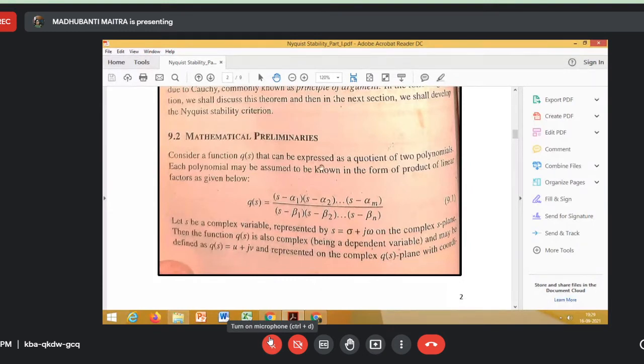Now you see, for a particular value of S on the S plane, we are getting a value of Q(S) denoted by U plus jV. Hence, we can conceive a second plane which we'll call our Q(S) plane, and we can label the real axis of that plane as U, and the imaginary axis will be denoted by jV.